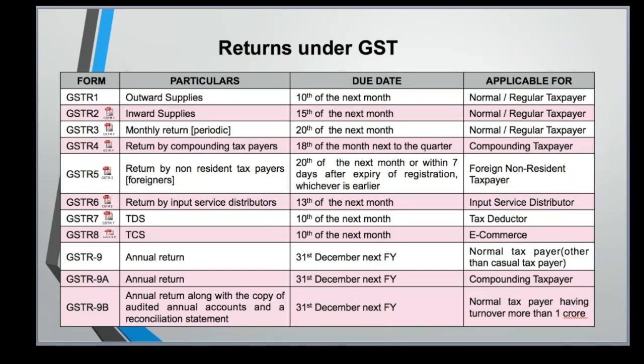The supplier shall issue a tax invoice after the delivery of goods. But to what extent this provision can be made applicable is again a question of doubt, because the Act, section 31, says for every removal, before or at the time of removal, you have to have a tax invoice.